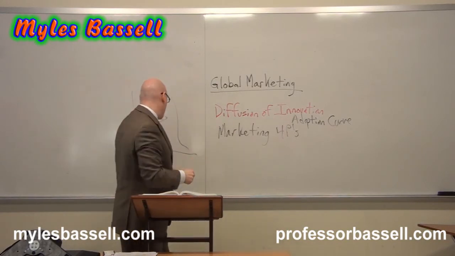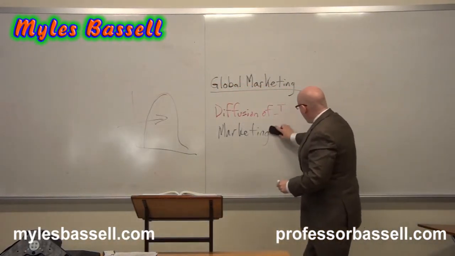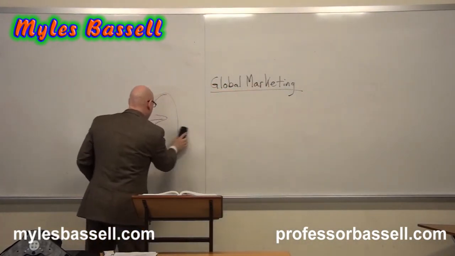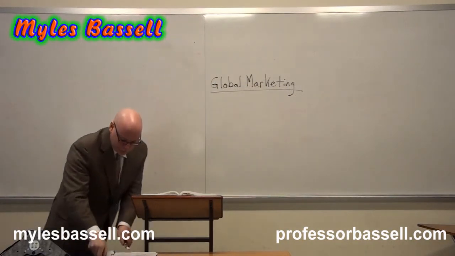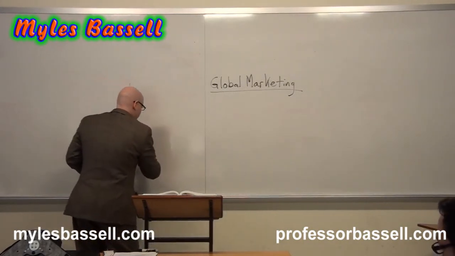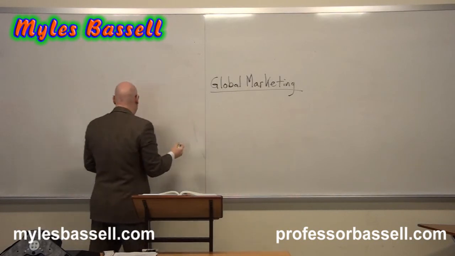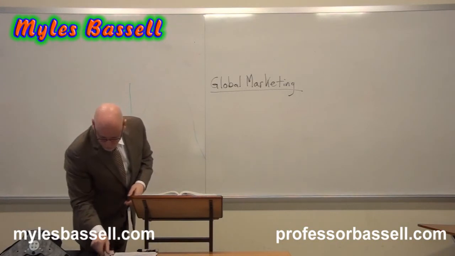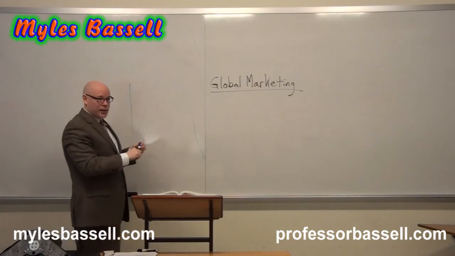But in terms of adoption, let's get to this before we go and talk about what's called the diffusion of innovation, sometimes referred to as the adoption curve model. This model suggests that adoption occurs at different rates.